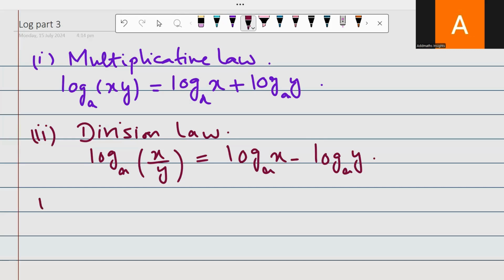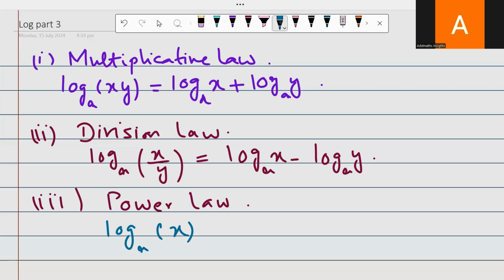And the third very important law is the power formula or power law. The power law states that log a x raised to the power n is equal to n log a x.